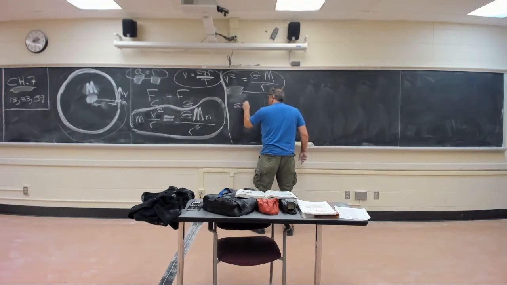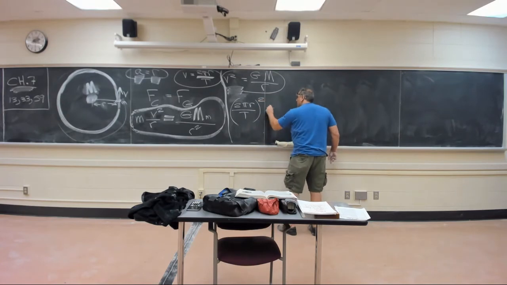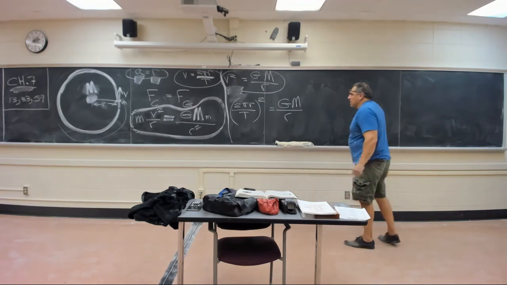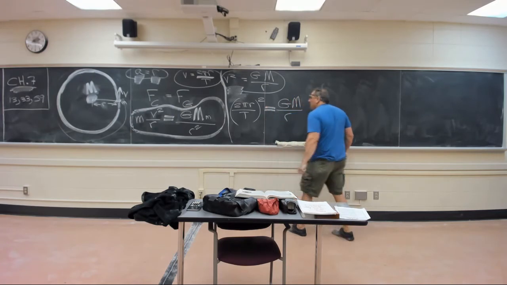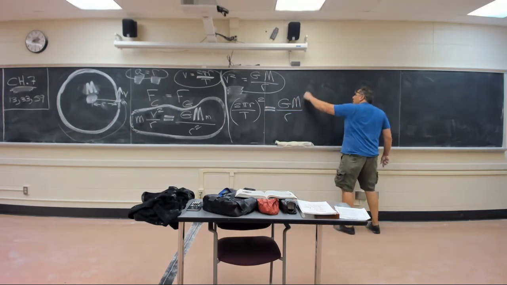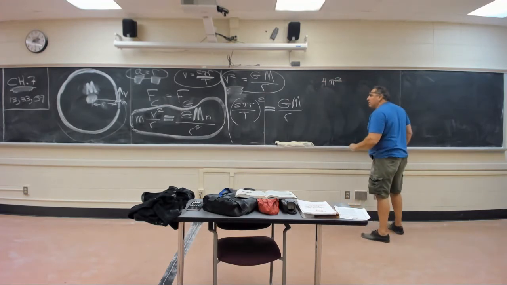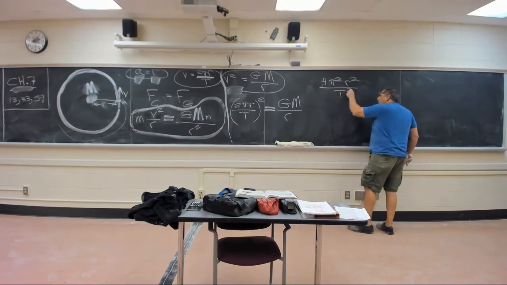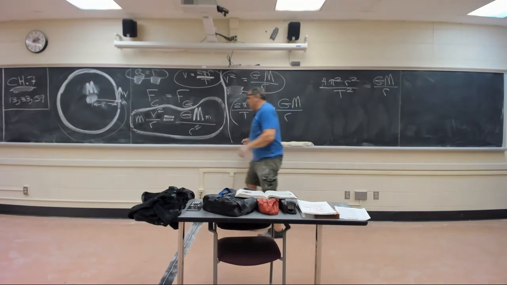V is 2 pi r over capital T. Let's square it: 4 pi squared r squared over T squared equals GM over r. I'm going to solve for T.